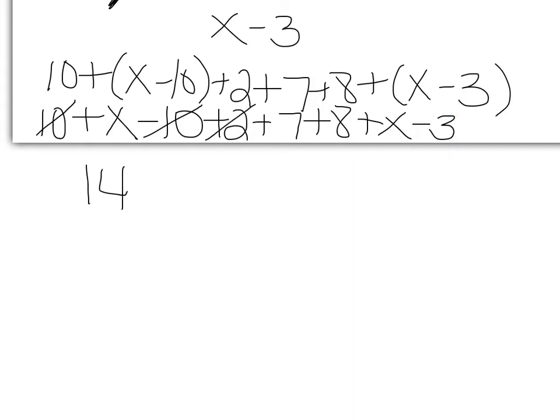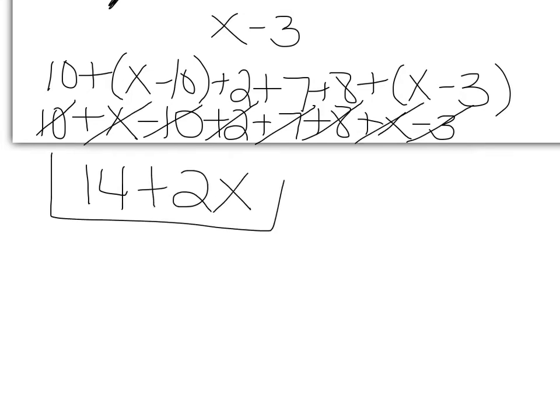So I've got 14. I can cross all those out. And then I've got x plus x is 2x. Everything's crossed out. So my perimeter is 14 plus 2x, or 2x plus 14.